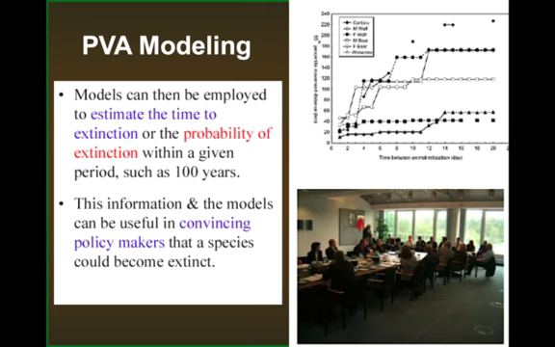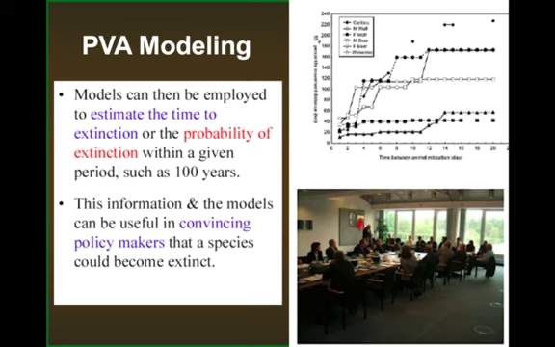PVA models can be employed to estimate the time to extinction or the probability of extinction within a given period, such as 100 years, for example. And this information and the models can be useful in convincing policymakers that a species could become extinct within a given time frame. And so over to the right, I just have an example of some of these charts.